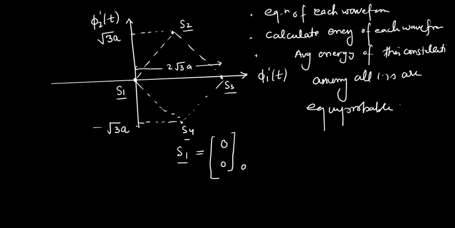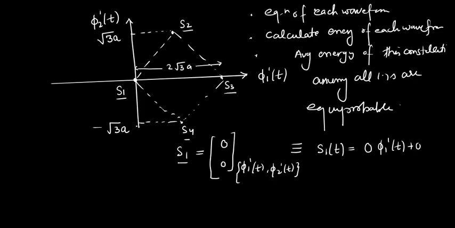Very good. Therefore, you can equivalently write its corresponding waveform as 0 phi 1 prime t plus 0 phi 2 prime t. Yes or no?